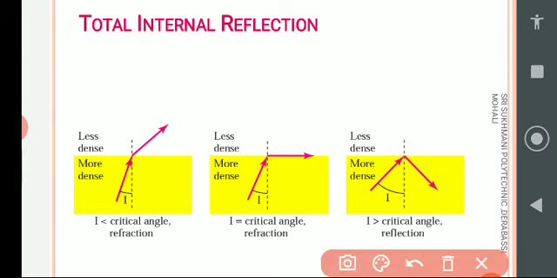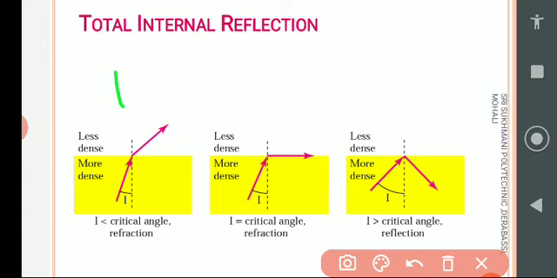The first case is number 1. If the incident light is at an angle which is less than the critical angle, the light will automatically go into the cladding portion, which is the less dense medium.